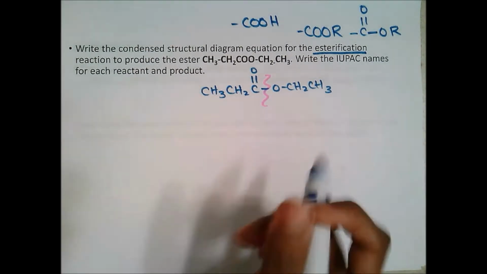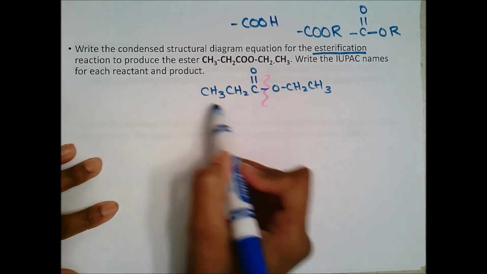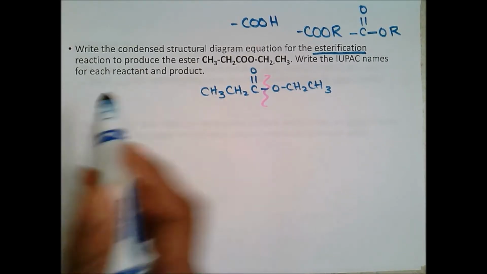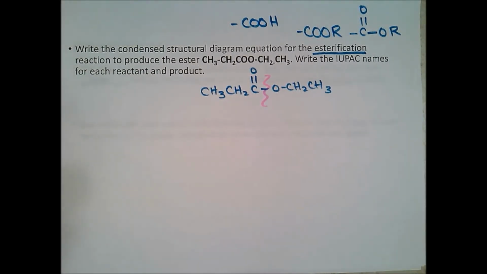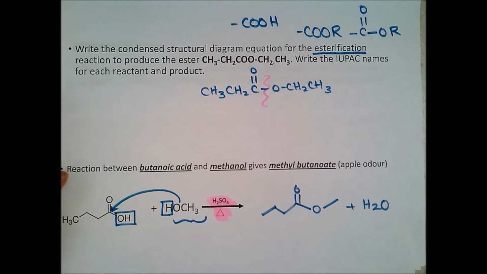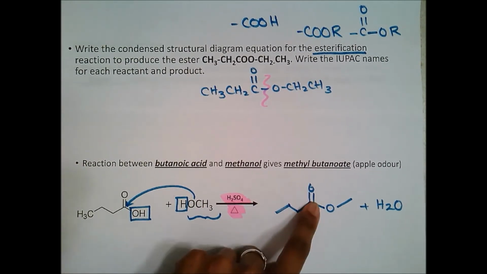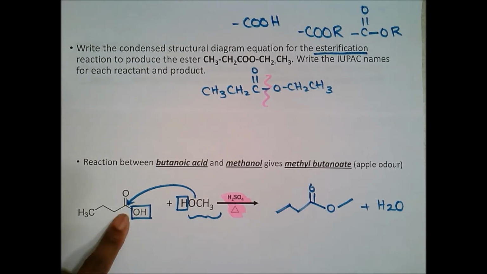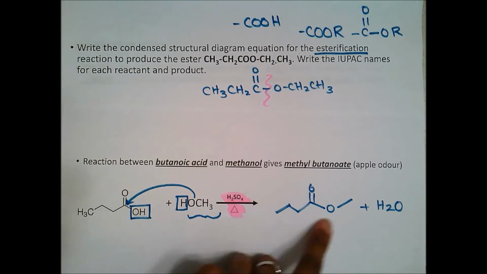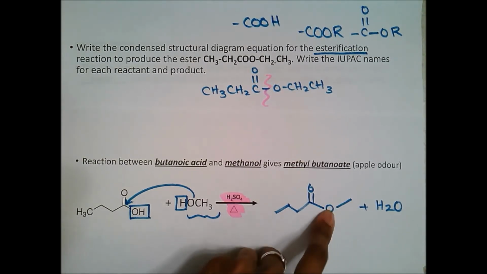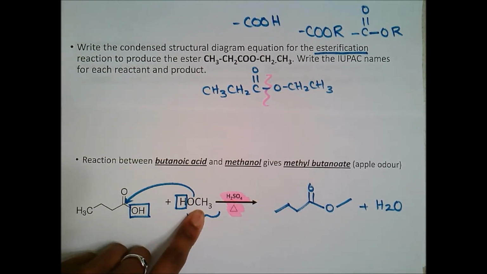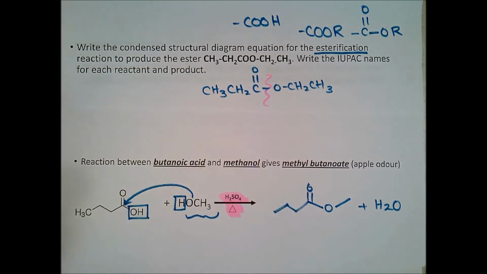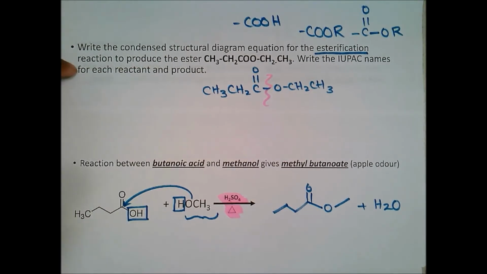So this part of our molecule, remember, comes from the carboxylic acid. So here's an example. So the carbon that's double bonded to the oxygen, this part right here would have come from our carboxylic acid. The part that's attached to the oxygen technically comes from the alcohol. So if you can look at your diagram and identify which comes from which one of our starting materials, you should be able to name everything that they want us to do here.